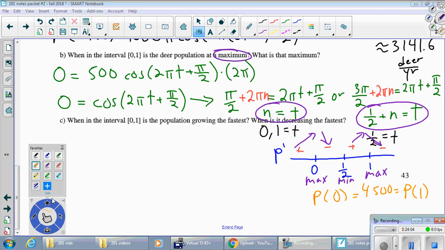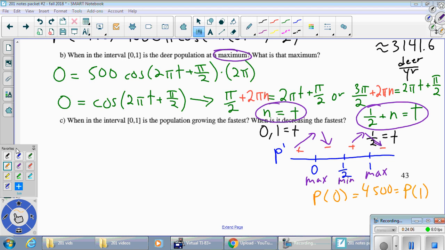Okay, part C wants to know when in the interval 0, 1 the population is growing the fastest. So the growing population is clearly a reference to P prime, and I want P prime to be as big as possible, the fastest. So I'm trying to maximize P prime, which means take its derivative and set equal to 0. So that's our process.